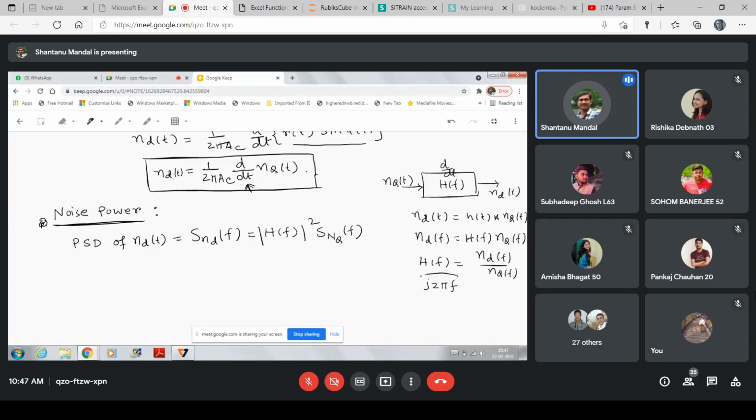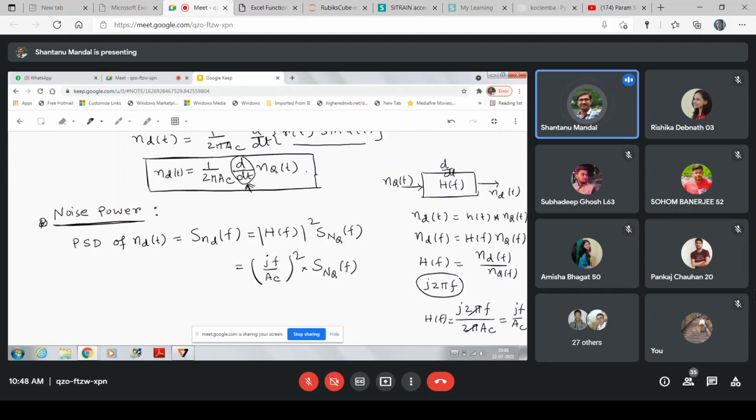We can write down the total N_d(f) transfer function as j2 pi f by 2 pi A_c, because here 2 pi A_c. So N_d(f) by N_Q(f) equals j2 pi f by 2 pi A_c. The 2 pi cancel out, so only jf by A_c. So H(f) equals jf by A_c. So we write this equal to (jf by A_c) whole square into S_NQ(f).